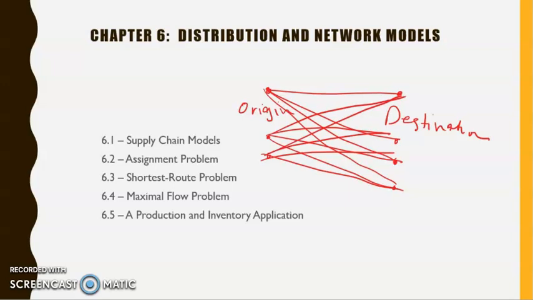So just remember this point so far. When we talk about network models, this is an origin point. There are some origination points, there are some destination points, and you are gonna decide from which origin to what destination in what quantity.